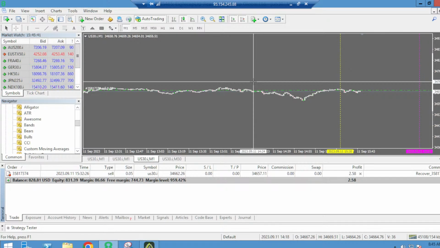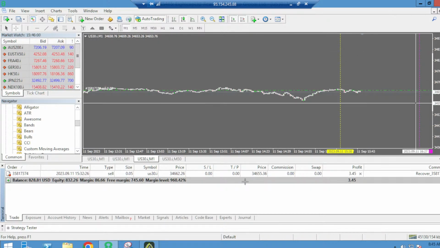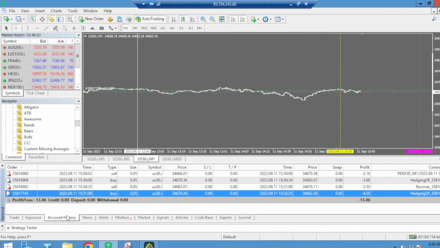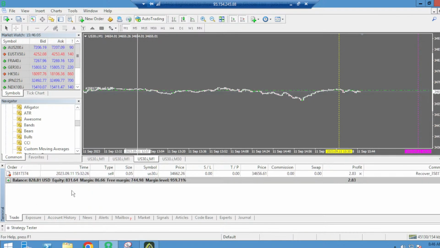Right now, we're not in an environment for profit because price is just going sideways. Our drawdown is 1346. Relatively small.